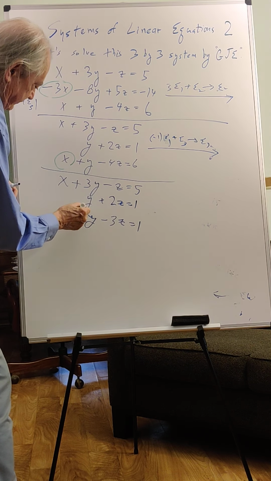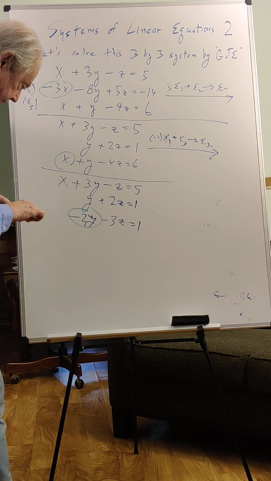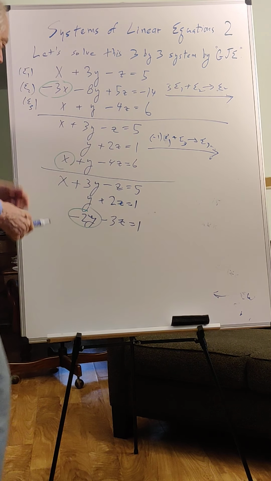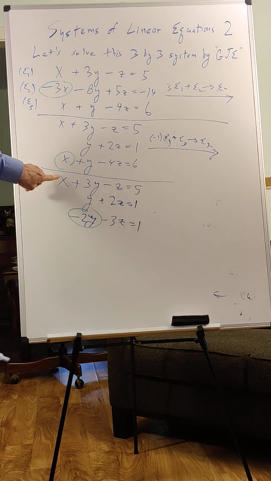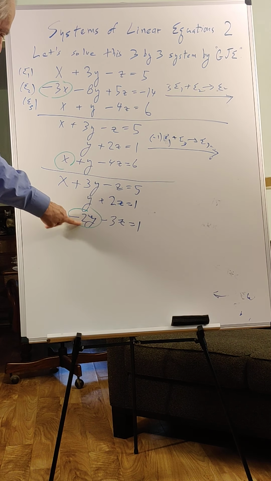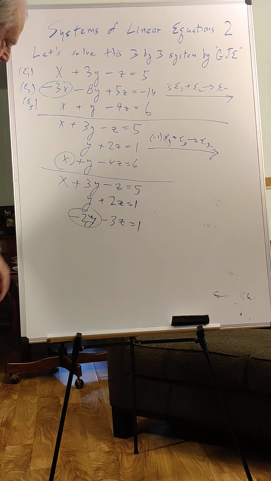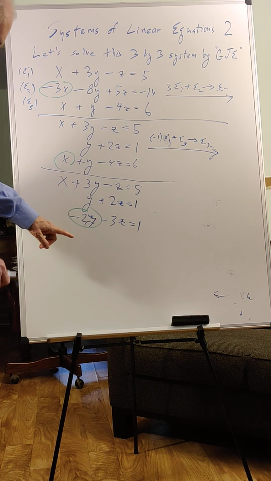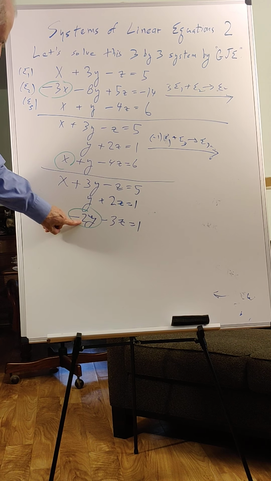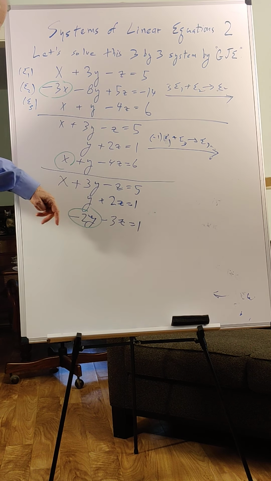So now let's get rid of this term. Now, we don't want to use this equation to clear this term because that would reintroduce an x term. We want to use this equation to clear this term. So we want to add to -2y and get 0. What do you add to -2y and get 0? Well, plus 2y, of course.